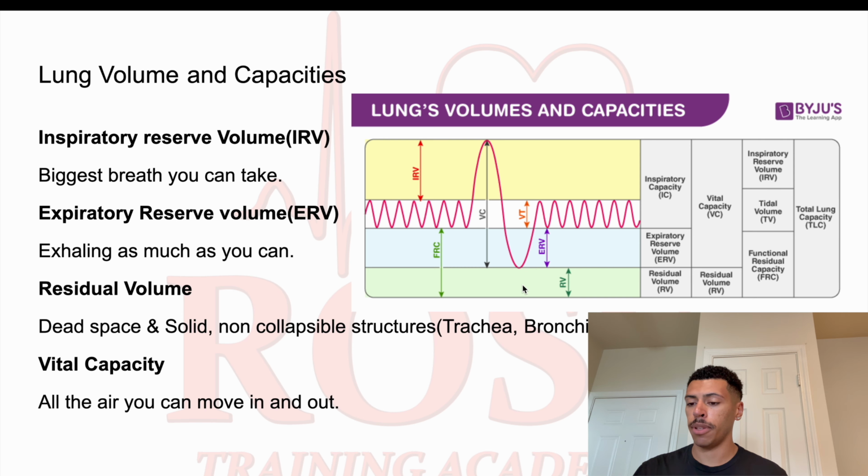They are always going to be filled with air, even if you exhale as hard as you can. Those structures are not going to collapse, and so that's why you can't exhale down into this green section. And then we have our vital capacity, and this is all of the air that you can move in and out. And so as much as you can inhale, as much as you can exhale, and then your regular breathing, that's all going to be counted as your vital capacity.